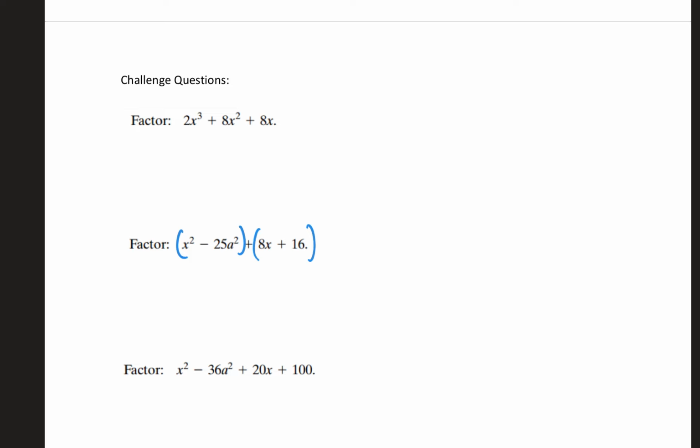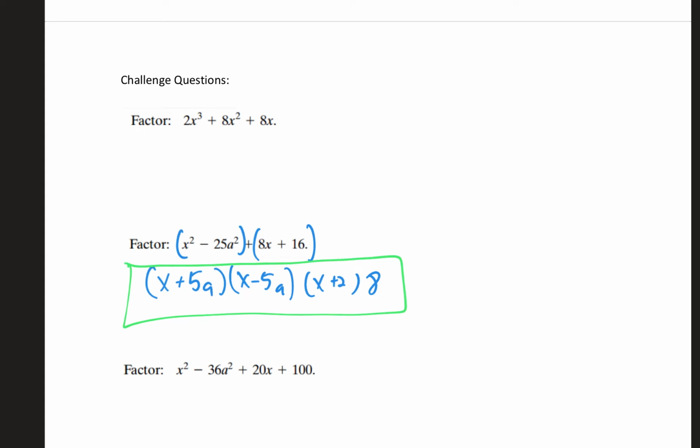So I can say x plus 5a, and this will be then x minus 5a. In the second binomial, I don't have a difference of squares, but maybe I can factor out an 8. So if I factor out an 8, what I'd be left with is x plus 2 with an 8 on the outside. And that is how we do it.